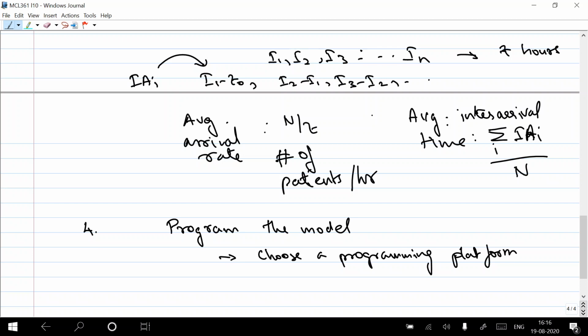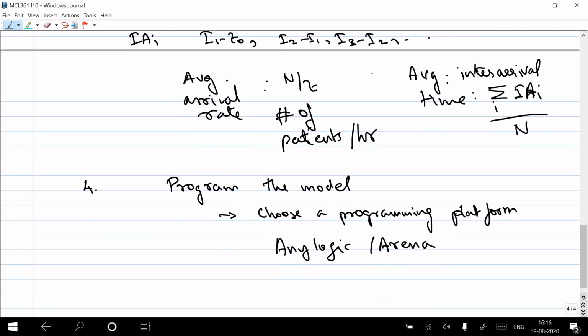Common simulation platforms, for example, are, well, right now I would say AnyLogic. You have Arena. This was, I think, a little while back. I'm not sure how popular Arena is. There's something called, I think, Flexsim. There's Via and so on.